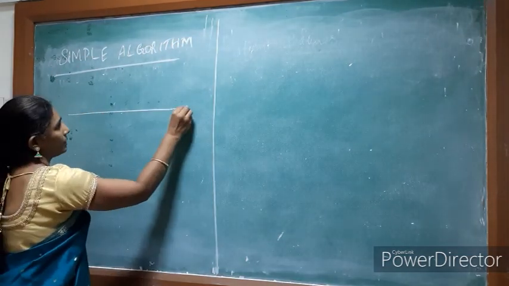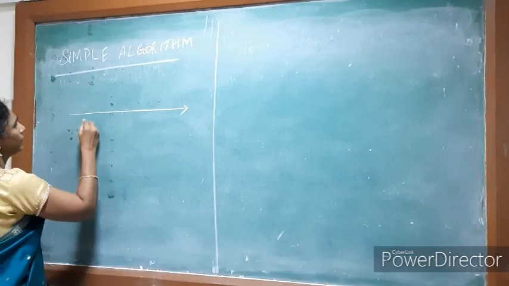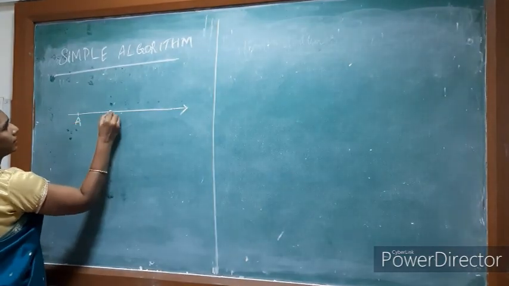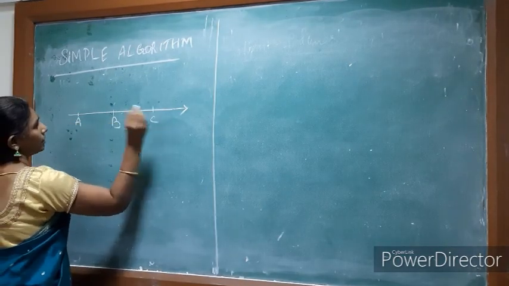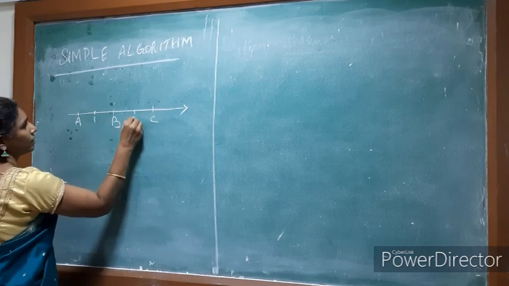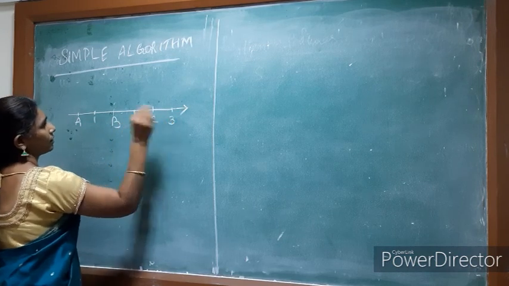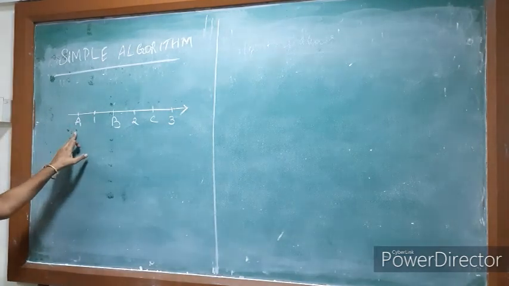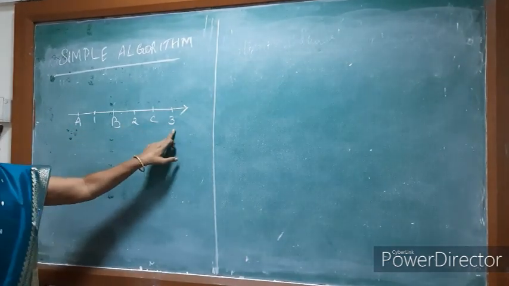So I'm taking a flow along this direction. So I've taken 2 points, it is 1, 2 and the third point 3.